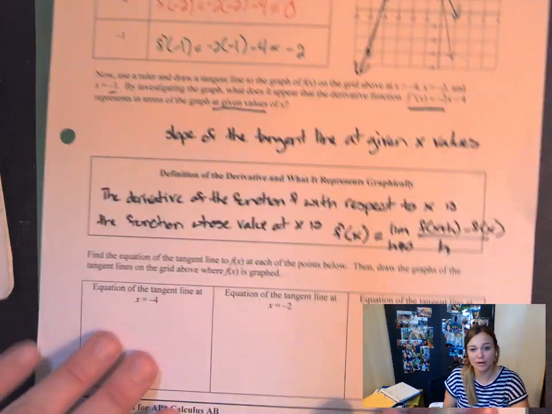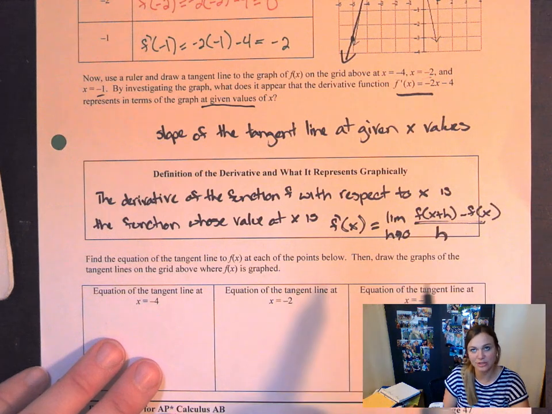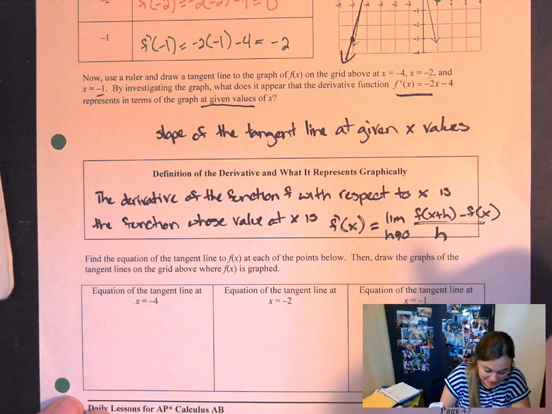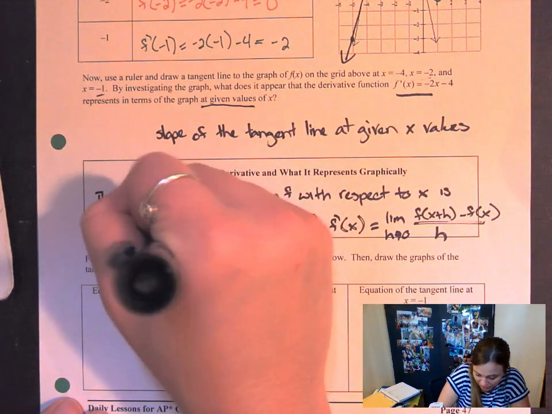Because remember, this came from that original formula, the y2 minus y1 over x2 minus x1, and those points were getting closer and closer together. And then I'm going to say, given that the limit exists.